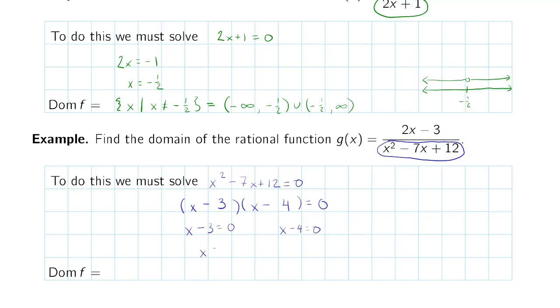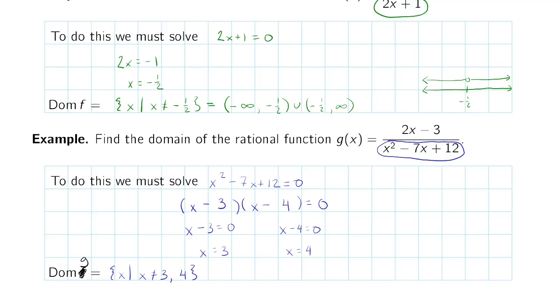So either x is 3 or x is 4. So those two numbers then, those are the numbers that make the denominator 0. Those are the numbers not allowed in our domain. So the domain of g is going to be the set of all x such that x is not equal to 3 or 4.